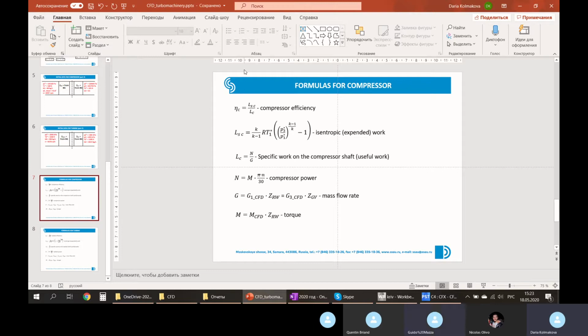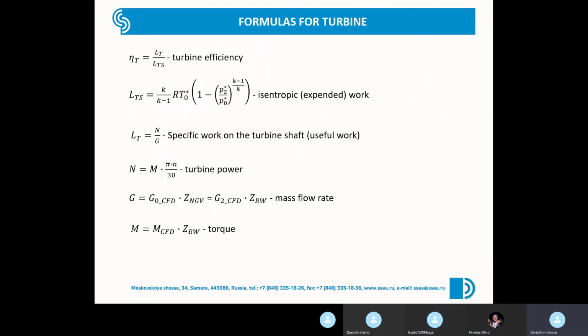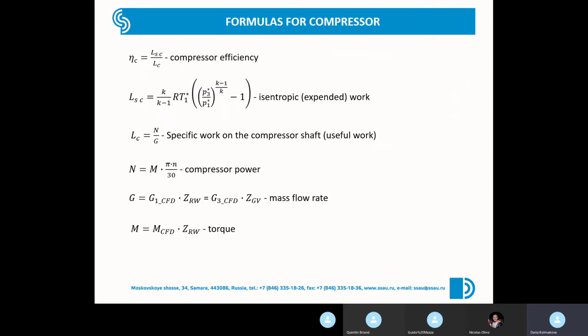Of course, we are interested in the efficiency of turbo machinery, and I will give you the formulas for how we can calculate the efficiency for both compressor and turbine. I believe you have these formulas from lectures. Yes, we have. I think so. I will comment very fast on these formulas.